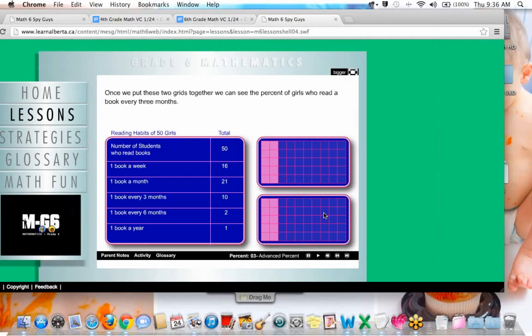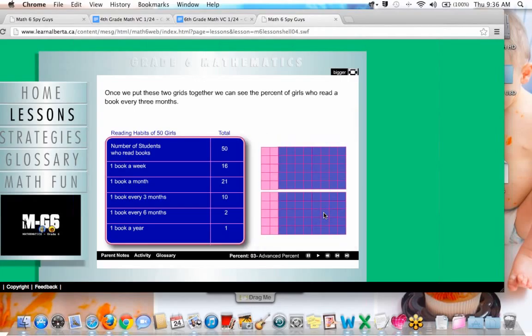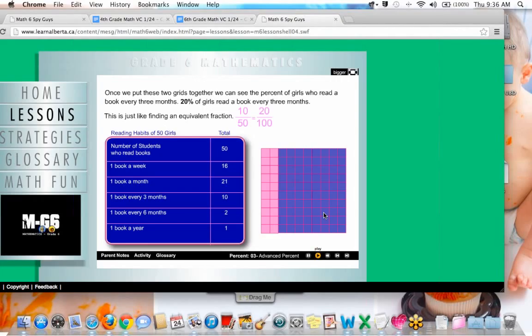Once we put these two grids together, we can see the percent of girls who read a book every 3 months. 20% of girls read a book every 3 months. This is just like finding an equivalent fraction. So you had 10 out of 50. You could drop those zeros, and you probably recognize 1/5 as an equivalent fraction to 20/100ths, which is also the same as 20%.